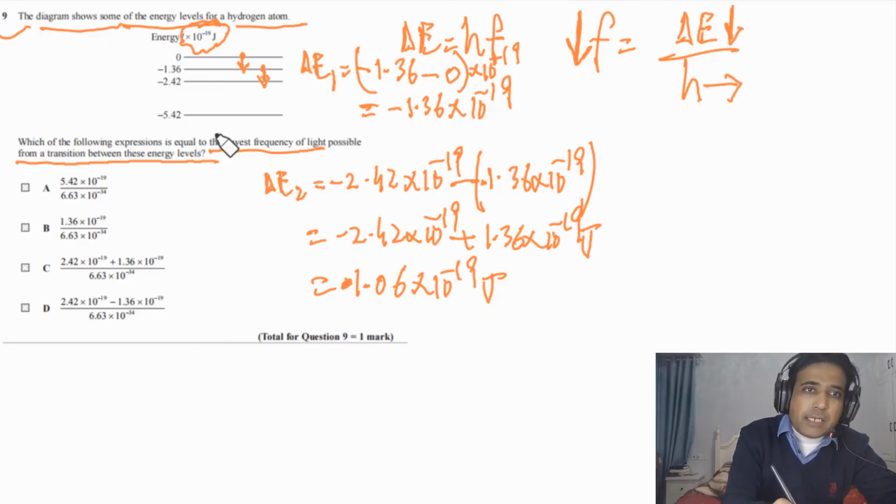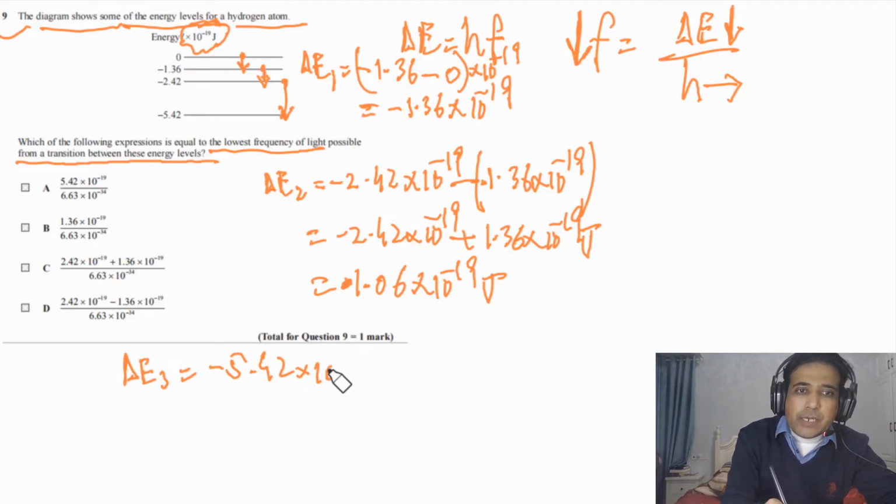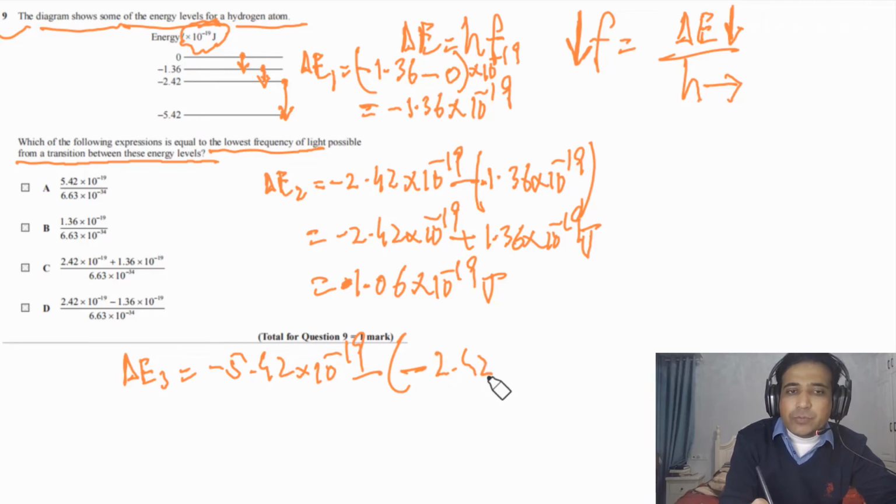And for the last, when the electron jumps from this energy level to this one, we can also calculate delta E3. So we have negative 5.42 times 10 to the minus 19 minus negative 2.42 times 10 to the minus 19.